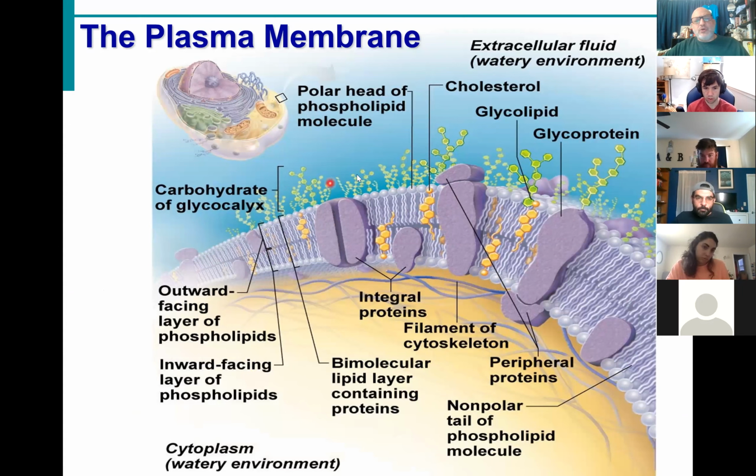Notice that the majority of the glycocalyx, the sugars, are located on the outer surface, providing those tags, providing that attachment, providing that energy. Some proteins are integral membrane proteins embedded in one or both layers. Notice this one here has a hole through it, so clearly it's allowing something to come in or out.